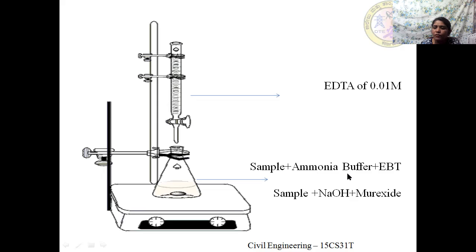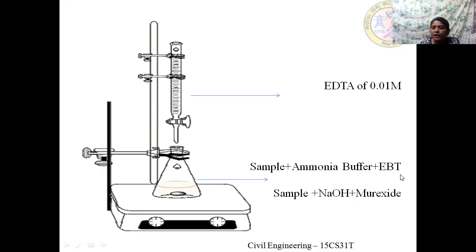In the first case, for determination of total hardness, it is sample plus ammonia buffer plus Eriochrome Black T indicator. And for determination of calcium hardness, we have sample, sodium hydroxide of 2 normality, and murexide indicator.